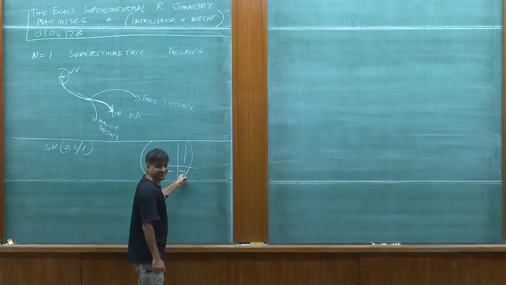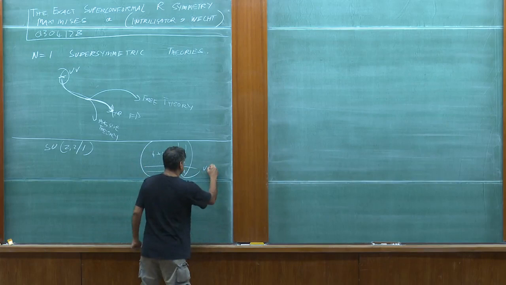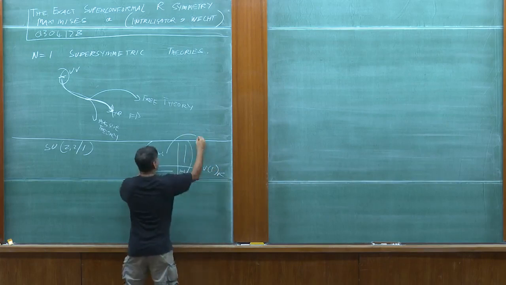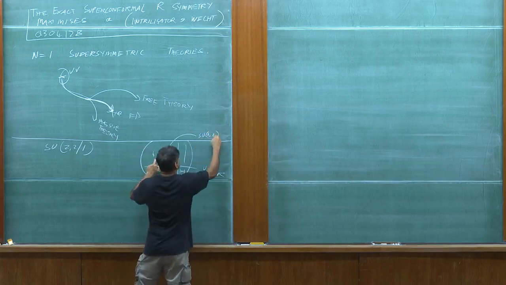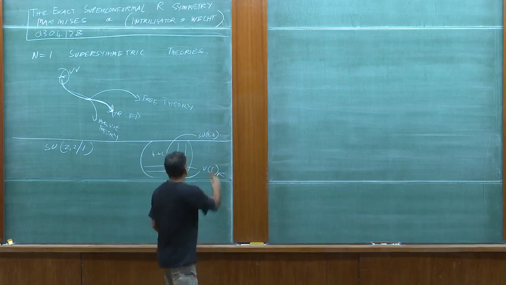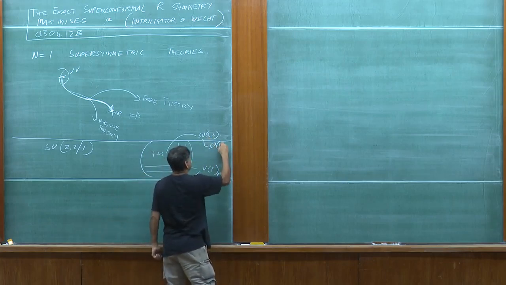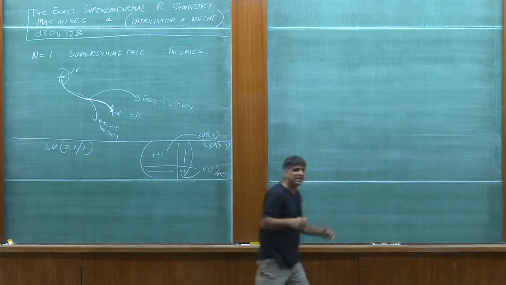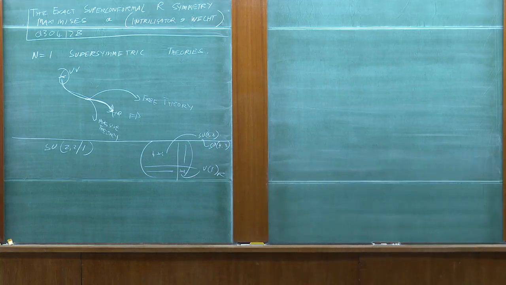Okay, this is the U(1) R charge. This is SU(2,2), which is the same as SO(4,2). This is the conformal group in 4 dimensions.